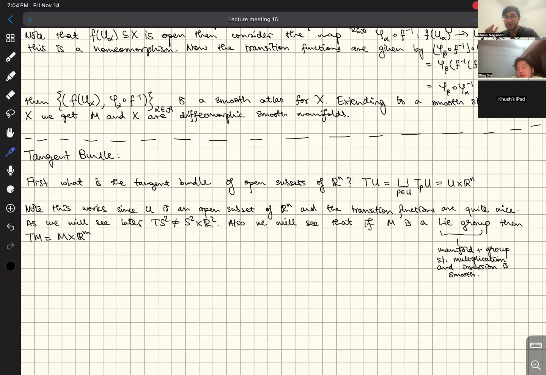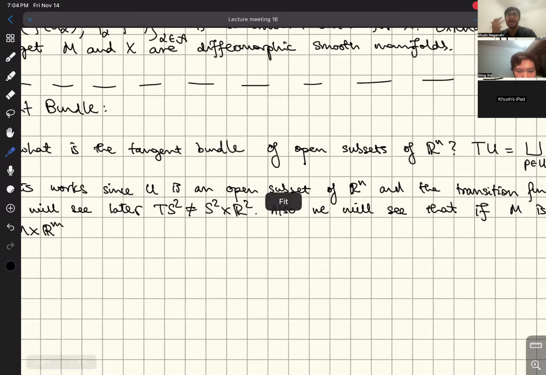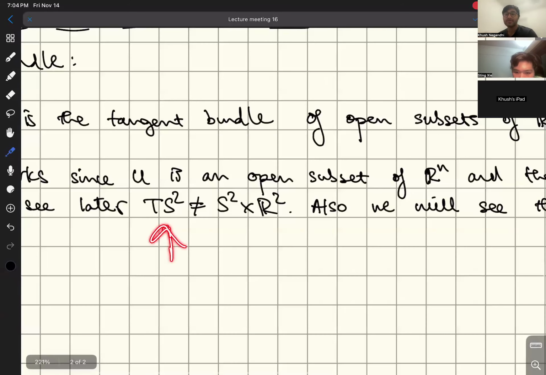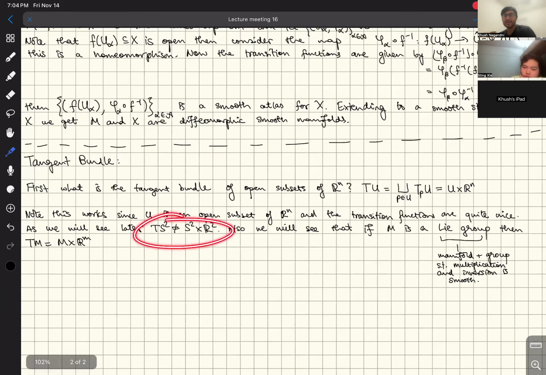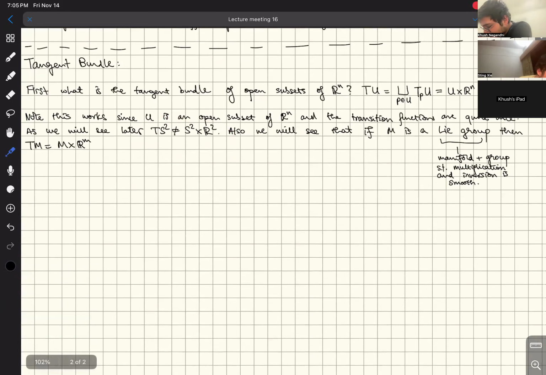Because addition is smooth, and if I put a negative sign, that's also smooth. So in the case of Lie groups, the tangent bundle decomposes very nicely. And we will see that, and what this actually tells you is that S^2 is not a Lie group because its tangent bundle does not decompose nicely. I don't know if the converse is true, if the tangent bundle of the manifold decomposes. That's just a note though.